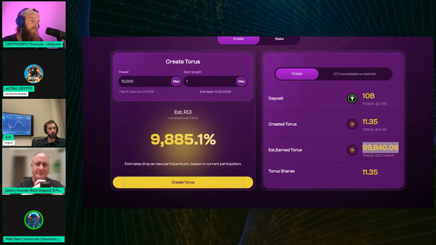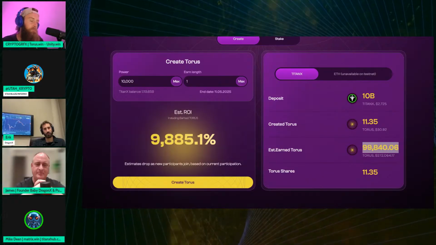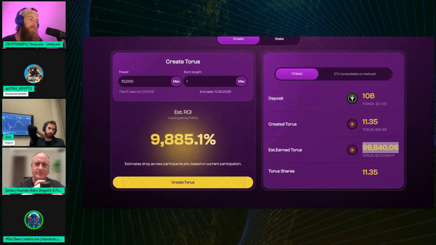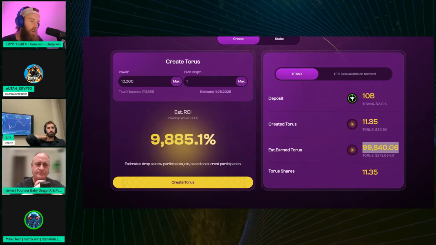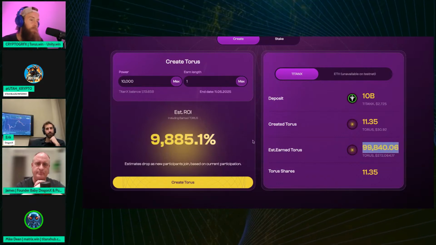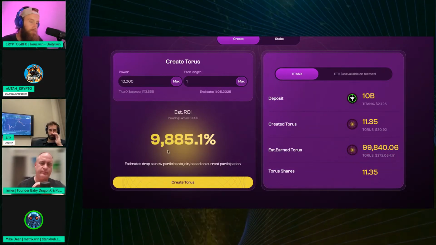So please, for the love of God, if you're going to do short games in Torus, you better know what you're doing and you better really be able to predict what's happening, know why the ROI is where it is, because there are going to be people, unfortunately, that are not going to understand this. I'm going to try and reach them all, but they're going to see, holy crap, I can get a 10x in a day.